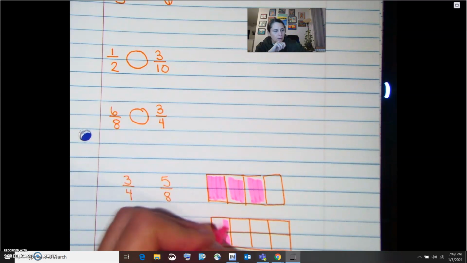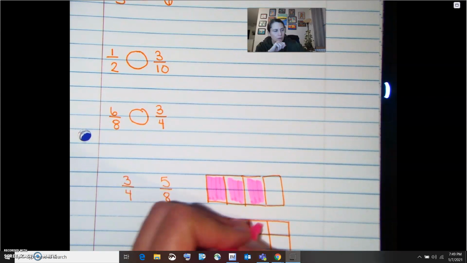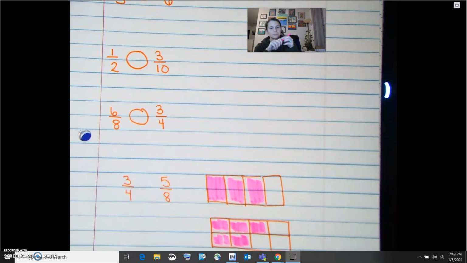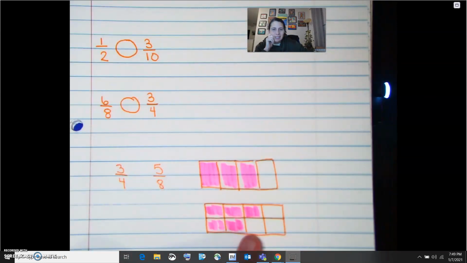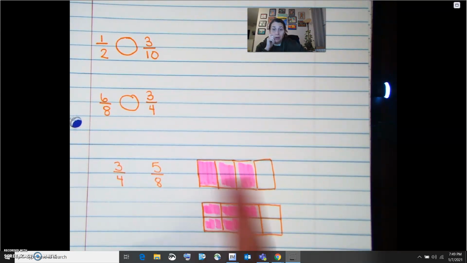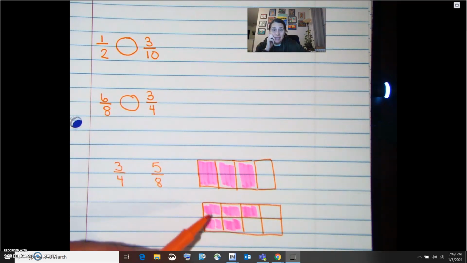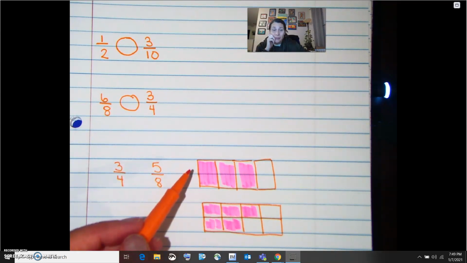So 1, 2, 3, 4, 5. So notice it's the same shape. Nothing changed. All I did was make the parts smaller. And from a picture, what can we see? We can see that 3/4 is bigger, can't we?